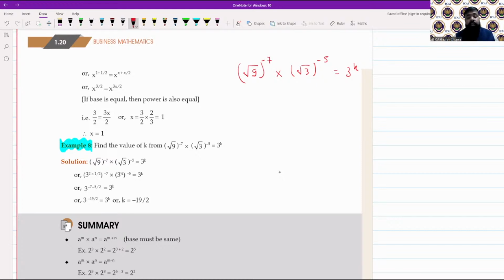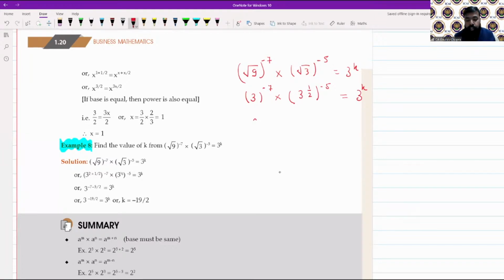So root 9 can be written as 3. So 3 to the power of minus 7 multiplied by, now square root of 3 can be written as 3 to the power of 1 by 2, and on top we are having power minus 5, is equal to 3 to the power of k.